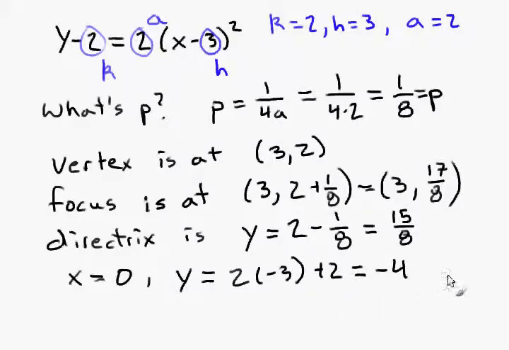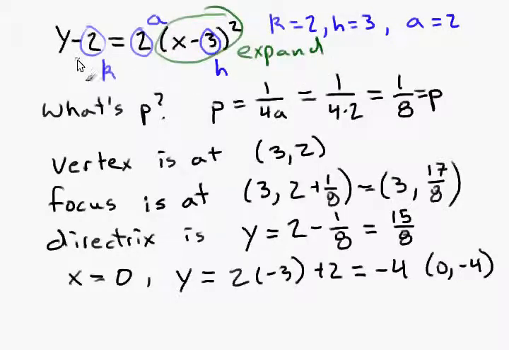So we know that the point 0, negative 4 is on this parabola, and that would help us graph it as well. If we were looking for the roots of this parabola, well, that's a bit harder. We'd need to expand, then we'd need to add 2, and then we could find the roots.